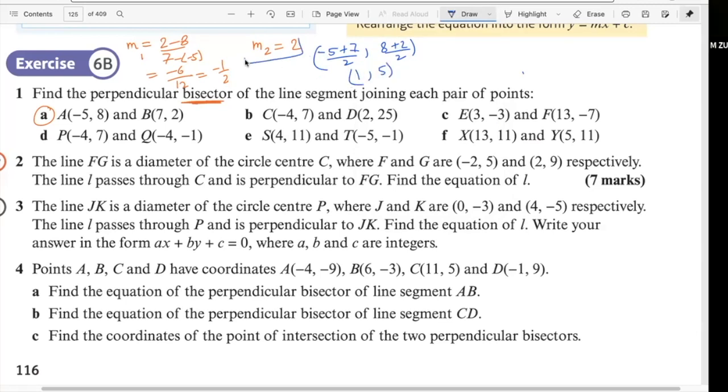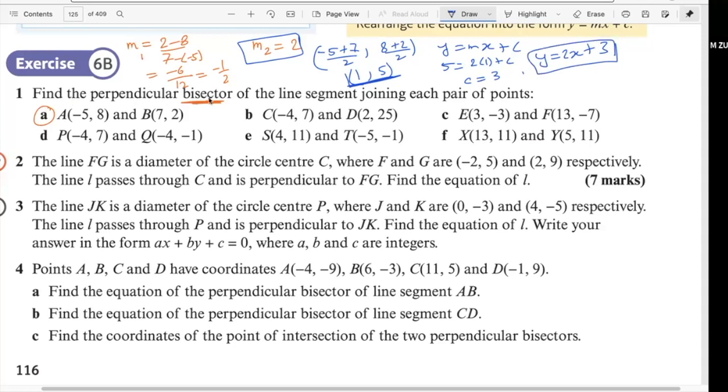So now I have the gradient, I have the point. Equation y equals mx plus c. y is 5, m is 2, x is 1. Solving for c, that is 3. So the equation is y equals 2x plus 3.